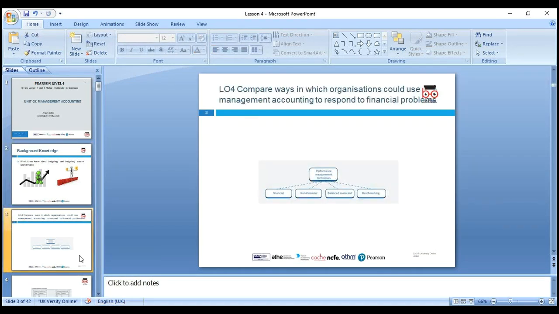Okay, LO4: ways in which an organization could use management accounting to respond to a financial problem. What sort of financial problem? We have no cash, or low cash. We have a low cash balance. So what can we do, how can we solve it?